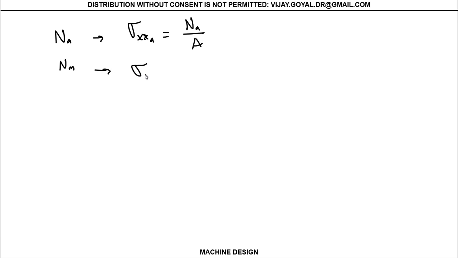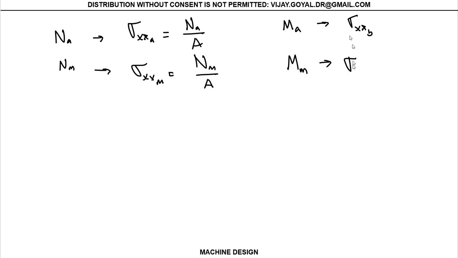This is going to be nothing else than mean NM divided by A. This is if you have your moment alternate and your moment mean. This is going to be nothing else than your bending moment.